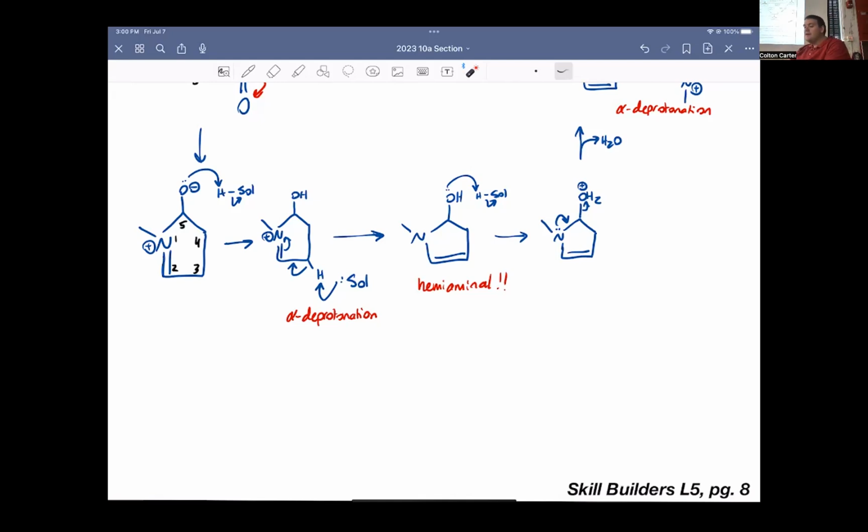The other thing I want to say about these is we spend a lot of time writing out all the mechanisms for these, and they are mechanisms that you need to know, but also they're not that interesting for most of them. Most of them are doing steps that are very similar to the acetal mechanism that you've already learned. And the main way that we're going to test you on this family of reactions is as line reactions.